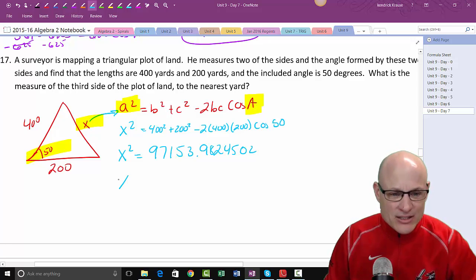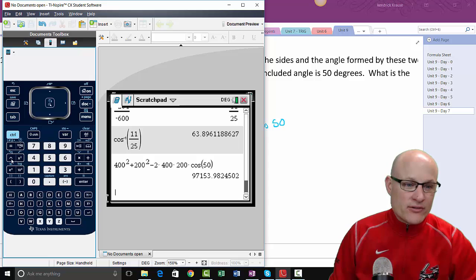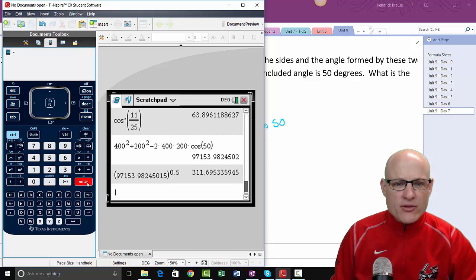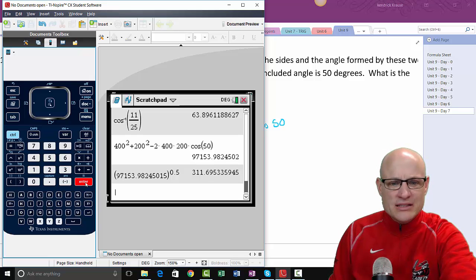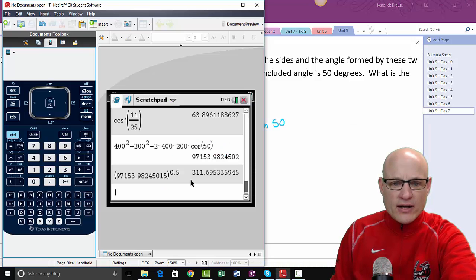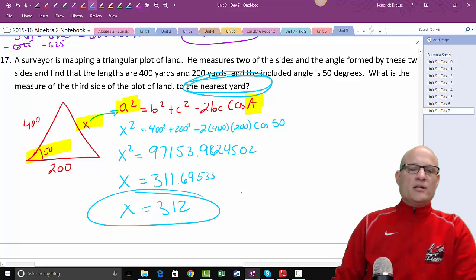Now, I want just the square root of that. So remember, kids, the easiest way to take the square root of something is just raise it to the 0.5 or half. And I get 311.69533. Round to the nearest yard. So x equals 312. Done.